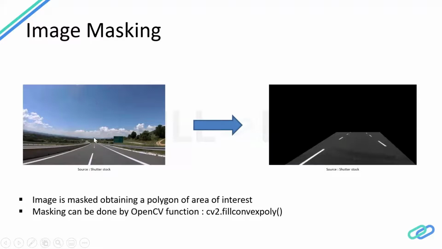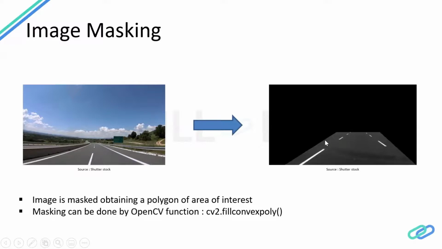To detect the lane, we are predominantly interested in the lane markings, so you have to mask out a majority of the region of the image to just get the lane. There are multiple ways that you can do it. Here, using an OpenCV function called fillConvexPoly, it treats it as a convex polygon, masks out the majority of the image, and only provides the area of interest.